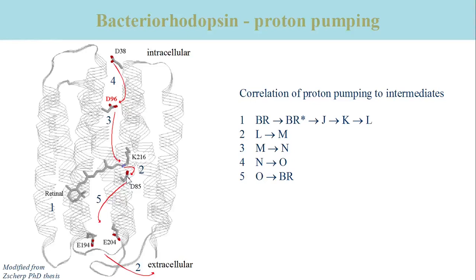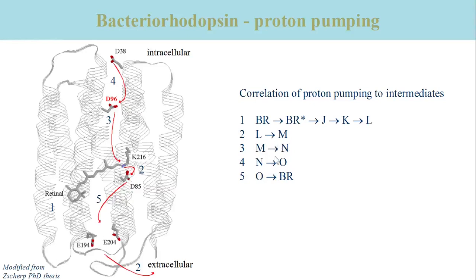A proton from a protonated cluster near glutamate 194 and glutamate 204 acidifies the extracellular medium. All this happens in the L to M transition.